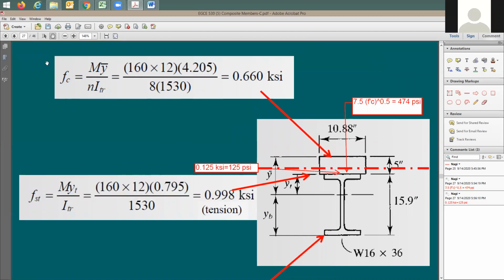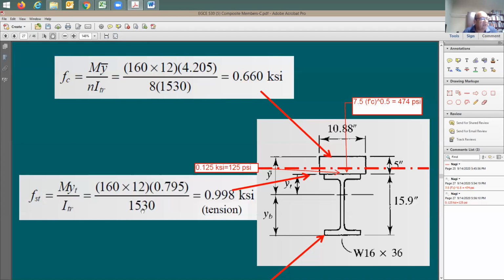So we need to go back to this equation. We need to understand it. This equation is okay to use if you have a homogeneous section, which means the entire section made out of one material. This transformed section, we consider that it's going to be made out of steel. You agree with me, Mike? Yes. We say that now the whole section is made out of steel.